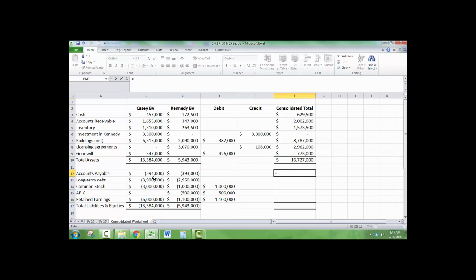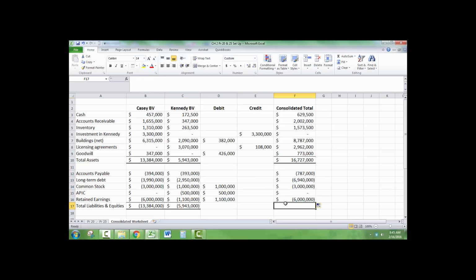Now, because these are already in negative form, we're going to do book value plus the debit minus a credit. Same formula all the way down. If you didn't have these in negative numbers here, you would change the signs on the bottom side.